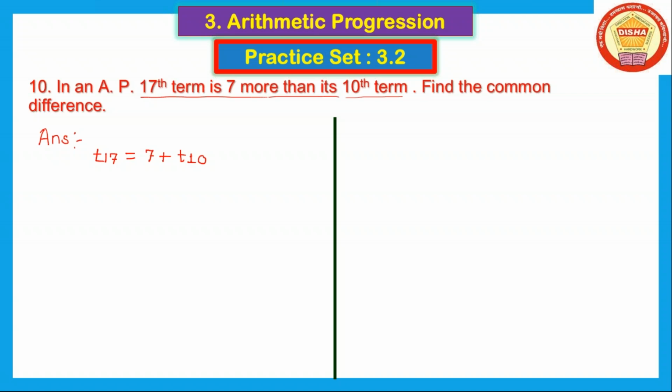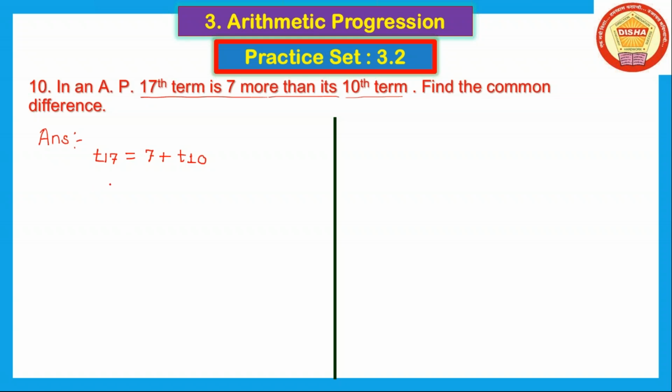So we write the relation between them as T17 is equal to 7 plus T10. Then here 17th term is unknown and here 10th term is again unknown. Then we have to find the common difference in between them. This is the given condition.